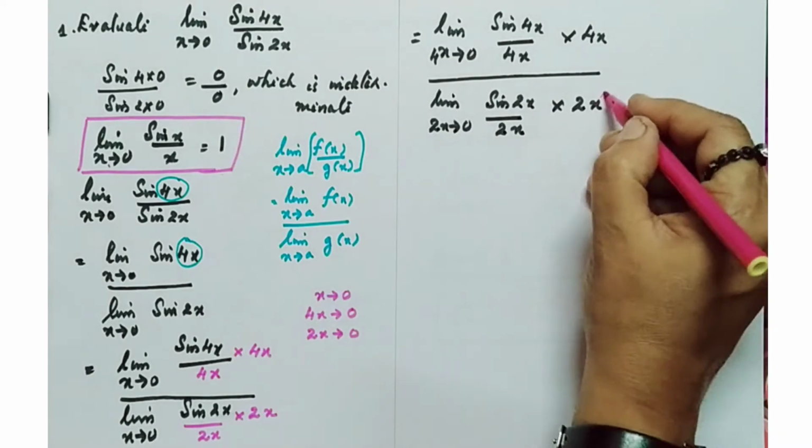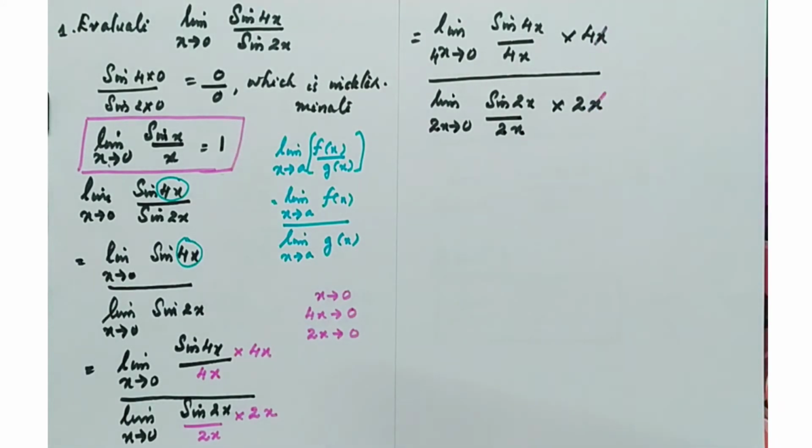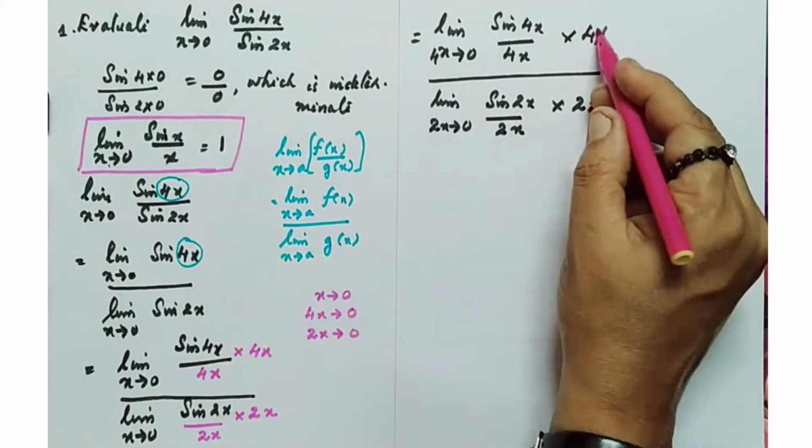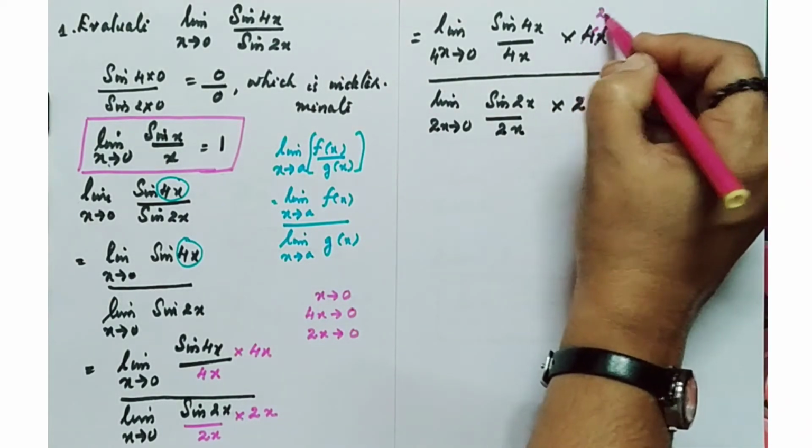Here x gets cancelled. 4 by 2 can be cancelled and taken as 2.